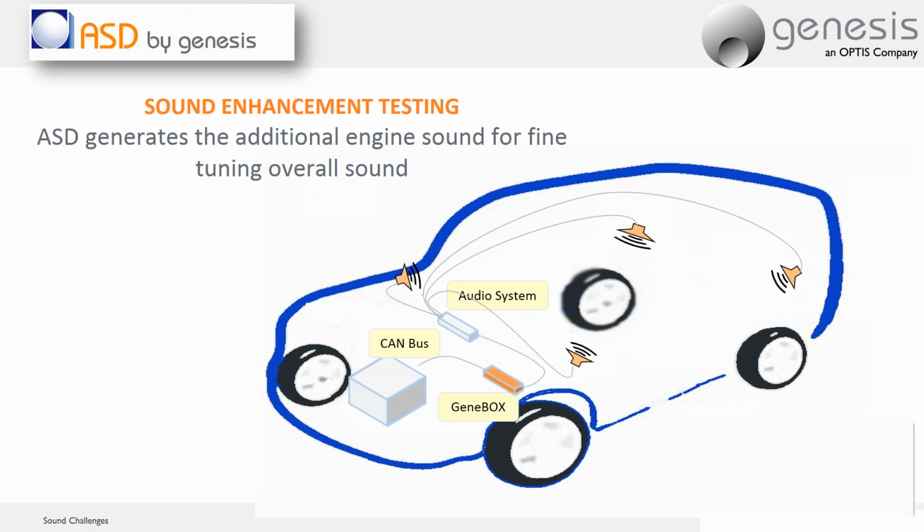We take our final designed sound and play it back through the audio system, meanwhile using the feedback from the CAN bus in terms of the RPM signal, and it will play your added sound in addition to the existing engine noise.